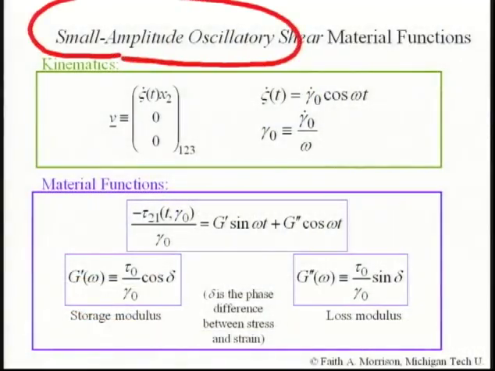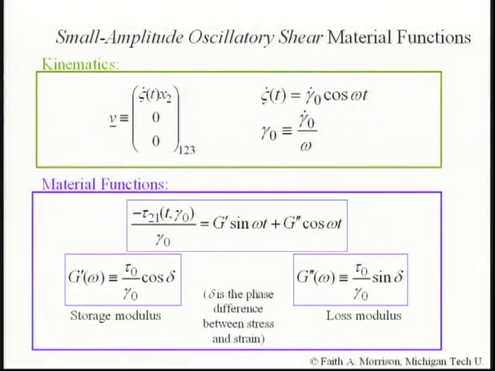So the problem I'd like to discuss next is, for this generalized linear viscoelastic model, what are the predictions in small amplitude oscillatory shear? We haven't ever done this prediction before, so this will be different for us.